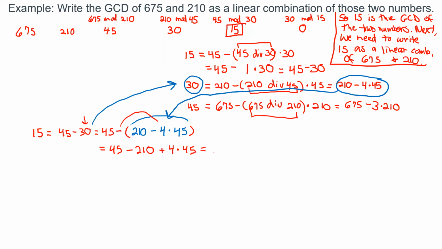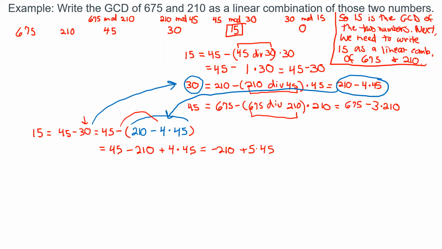So I'll start with the largest number first. I'll say minus 210 plus 5 times 45, right? Negative 210 plus 5 times 45. Okay, everybody with me so far there?